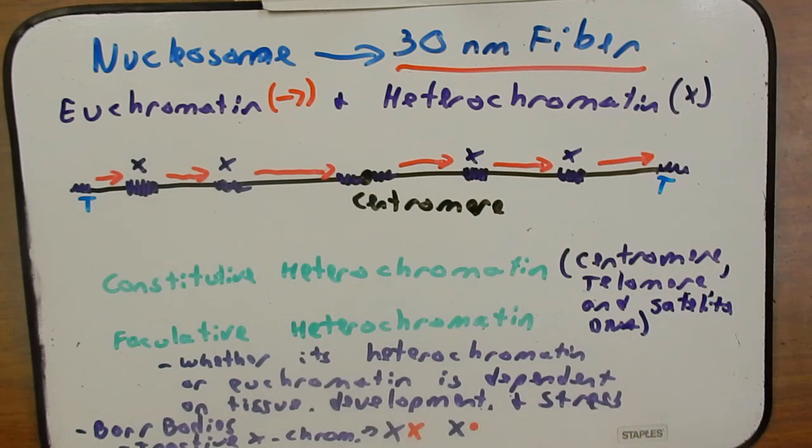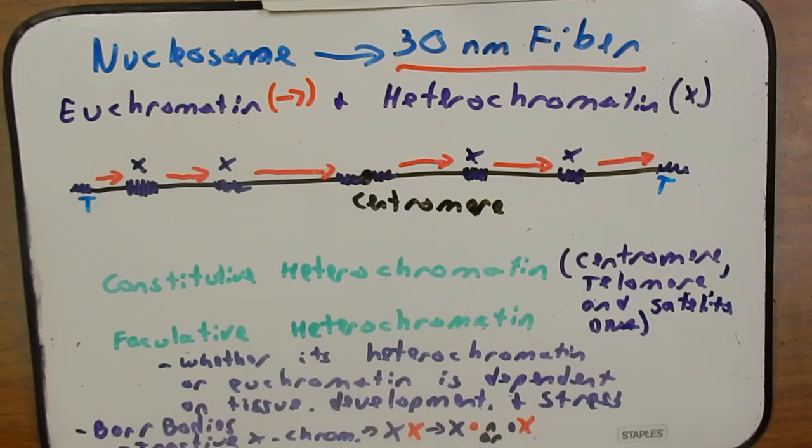And in other cells, the other X chromosome is formed into a bar body. This is a good example of facultative heterochromatin, because in some cells, the heterochromatin, which is the bar body, is on one X chromosome, and in other cells, it's the other X chromosome that is formed into heterochromatin, or the bar body, as I said before.